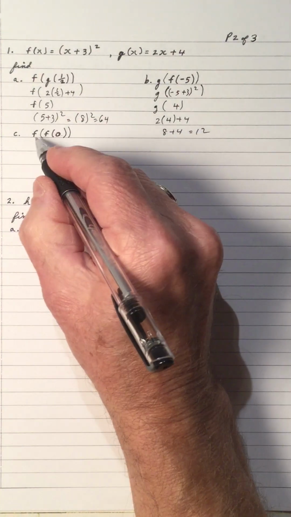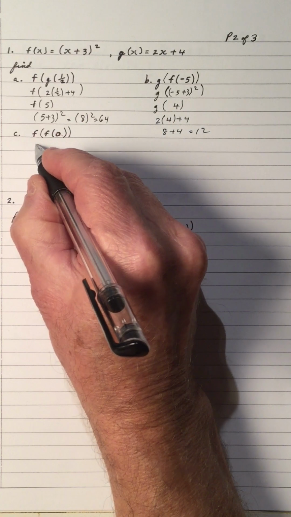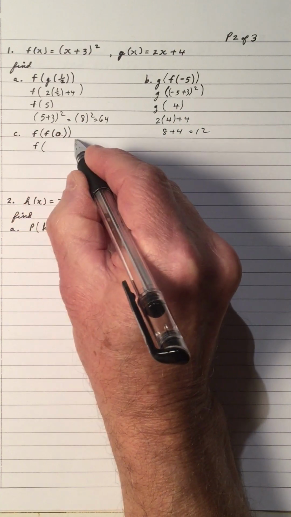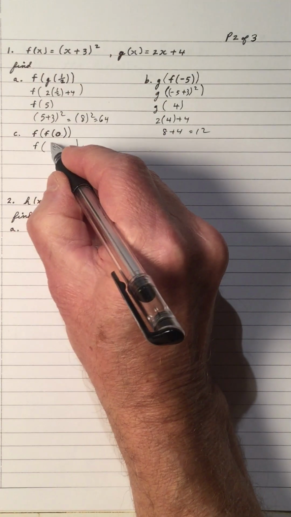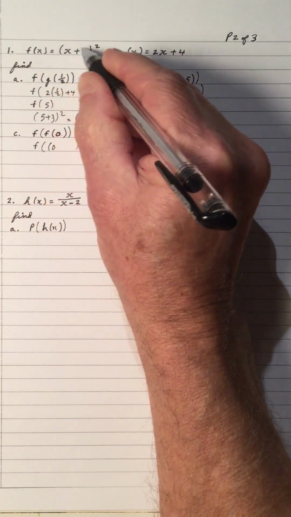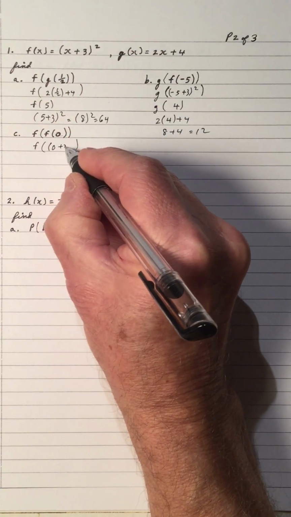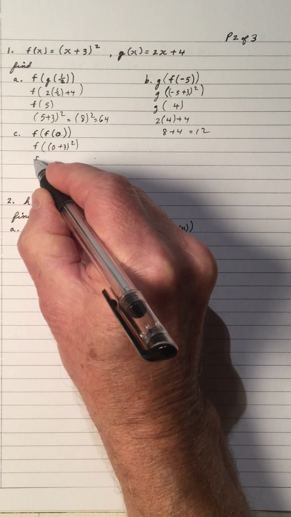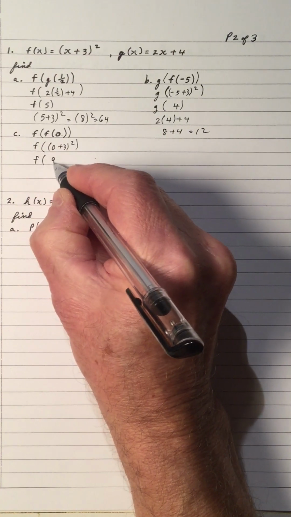Now we have to do f of f of 0. So we put the 0 in the place of x in the f function. So 0 plus 3 is 3, 3 squared is 9.